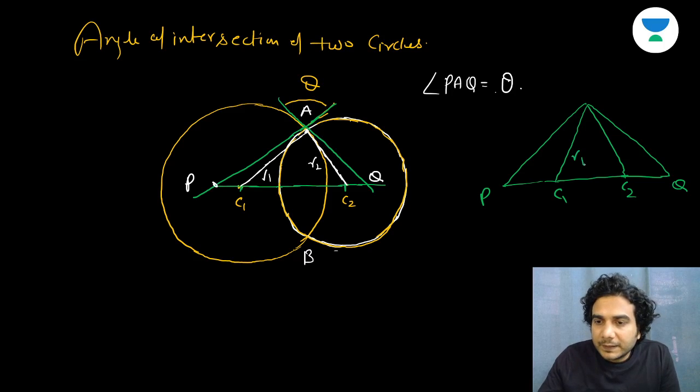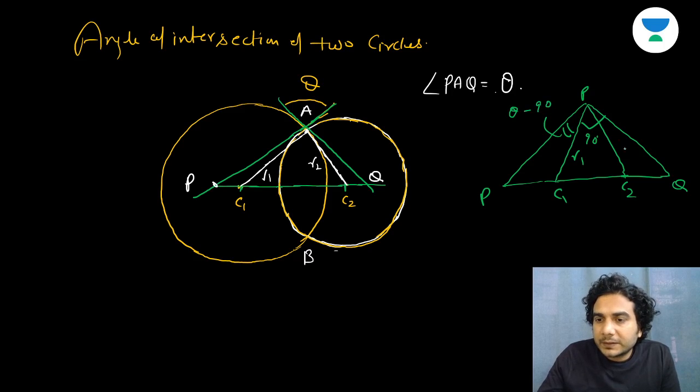Because this is radius and this is tangent, PQ. So this angle is 90 degree, correct? If this angle is 90 degree and total angle is theta, then what is this angle? This angle is theta minus 90, right?